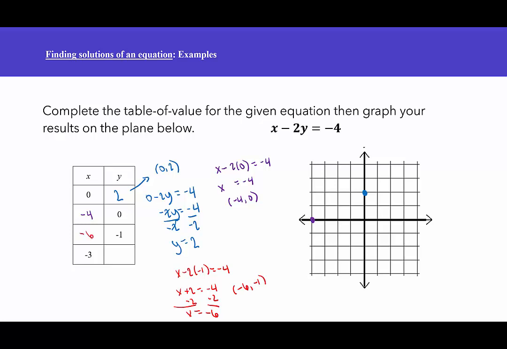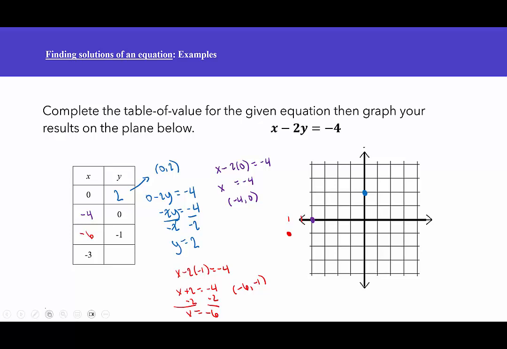This one's going to be off my graph a little bit, but that's okay. We'll make it work. So we have negative 4, negative 5, negative 6, and then negative 1 would be down here. Do these 3 points kind of look like they're making a straight line? Are they forming a straight line? Yes, if I was to try to connect them, I would connect them with a straight line. Absolutely. So far, so good.